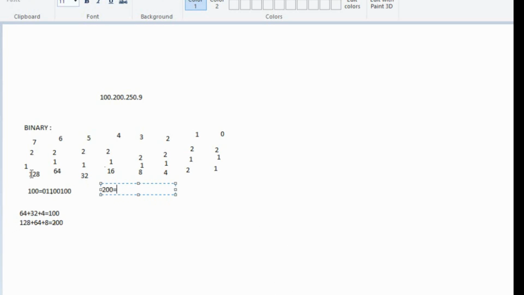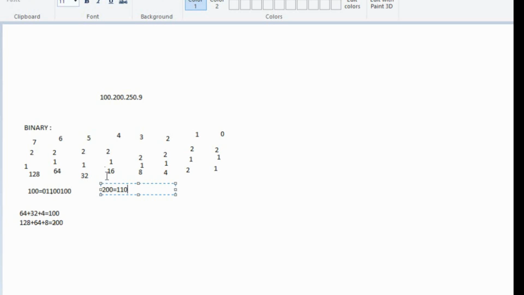We calculate 200 from 128, so we take 1 bit, then another 1 bit, which is 64, but we did not take 32 bit, so it should be 0, which is off bit.